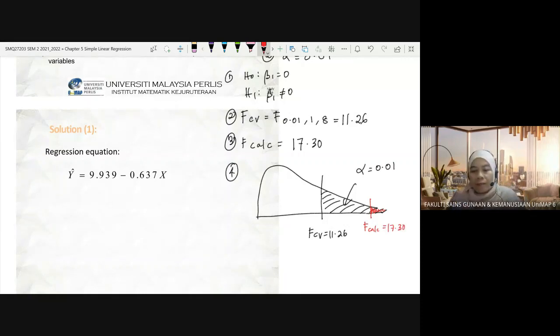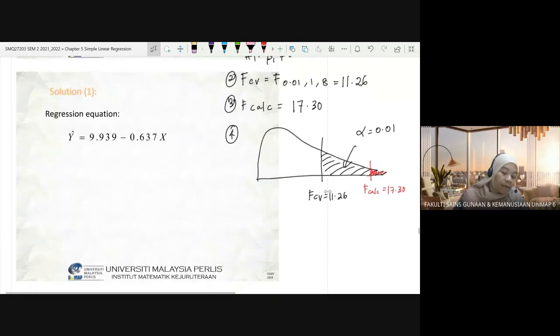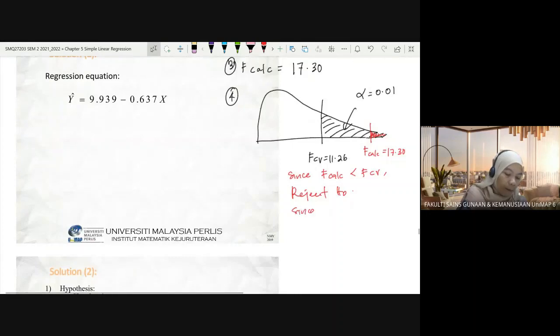Since my F calculated is larger than my FCV, we reject the null hypothesis. Or if you wish to use the significance value, since the p-value is smaller than alpha, we reject the null hypothesis.